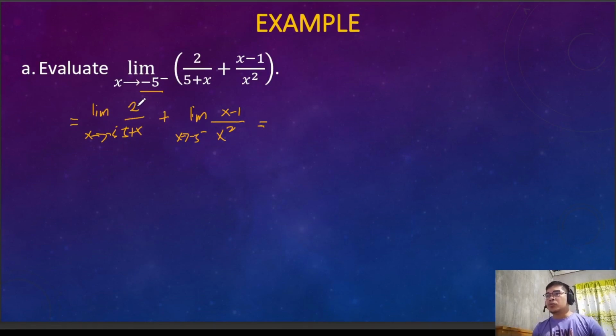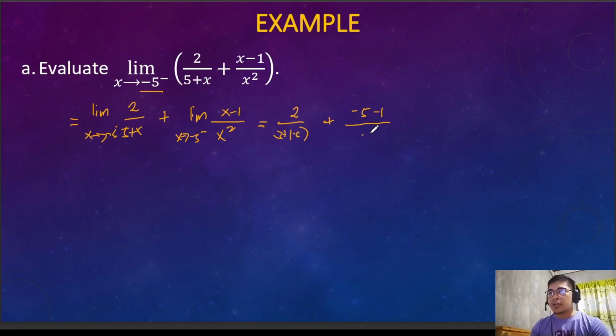So the limit of 2 over 5 plus, substitute na negative 5, we get 5 plus negative 5. So the limit of x minus 1, so we got negative 5 minus 1 over x squared. So the square of negative 5 equals 2 over 0 plus negative 6 over the square of negative 5 is 25.